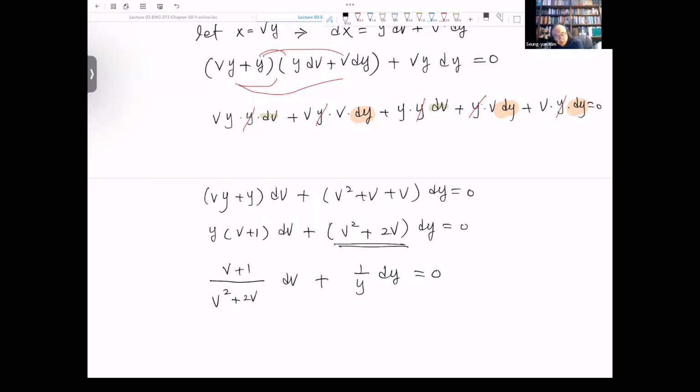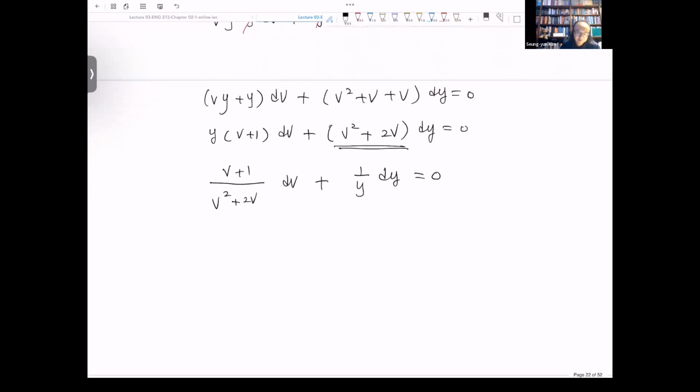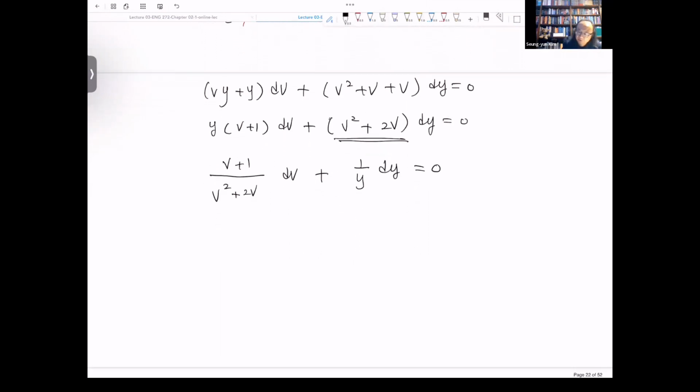If you take the integral, the integral of 1 over y is ln y. However, for the first term, the dv terms, we don't have anything like this in the cheat sheet. So we need to do partial fractions here.